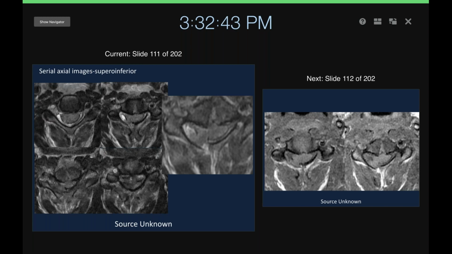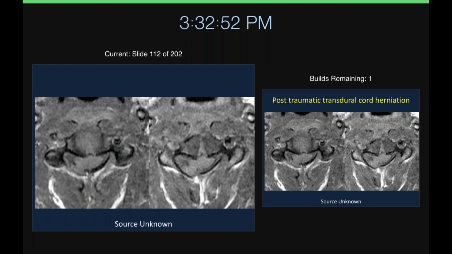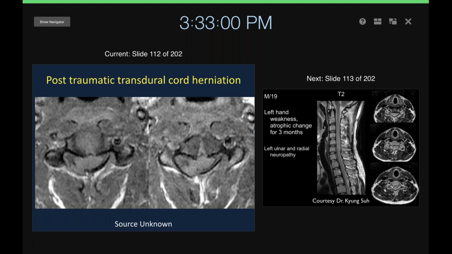You can see there's really a vertical fracture through both the anterior and posterior elements here. And the cord ended up herniating through the dura here, the tear in the dura. Wow. And surgery. Ouch. So it's a transdural cord herniation.